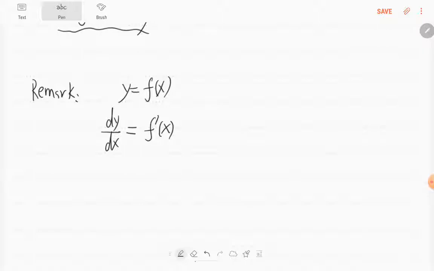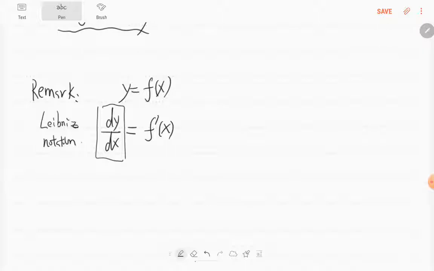This is called the Leibniz notation, and you should be very familiar with it.